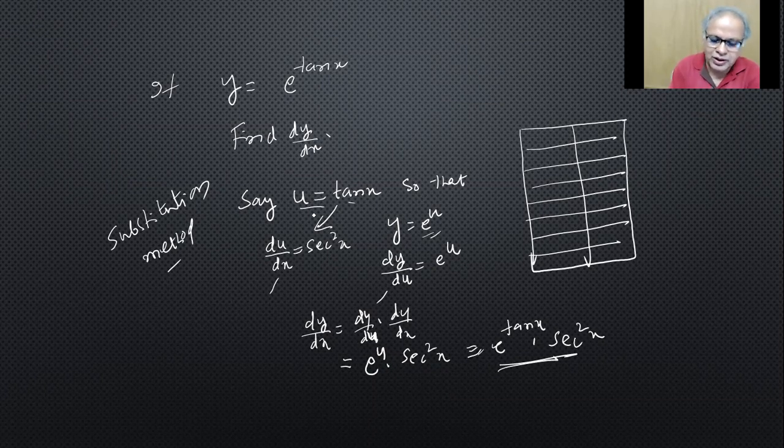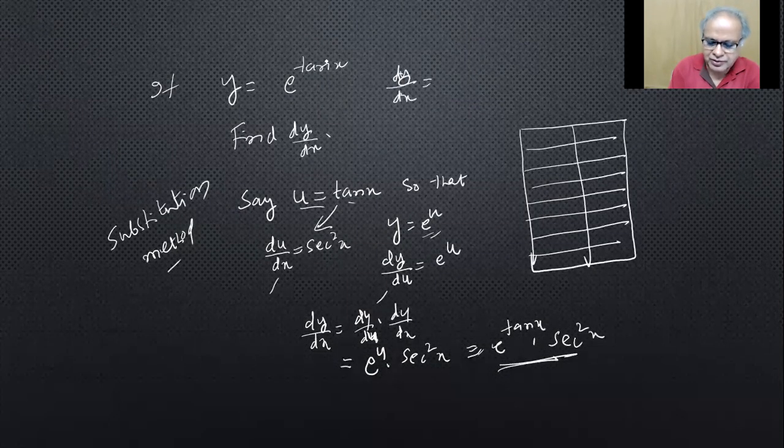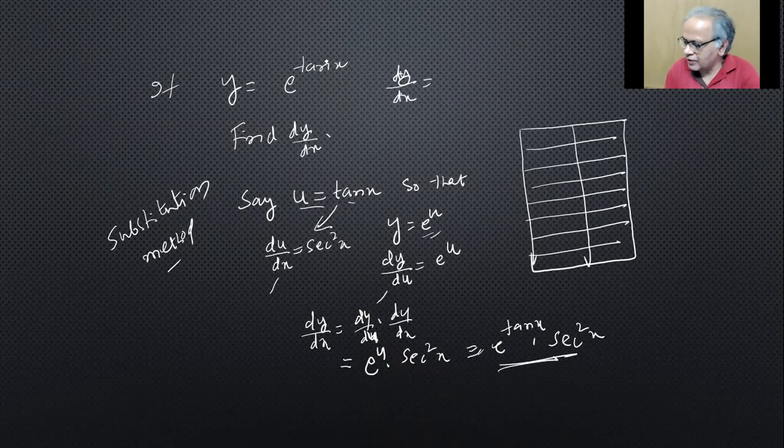Once you understood this, look, I'll tell you how to write it in one go. First is the e power function. The derivative of e power x is e power x. But in the place of x here, I had tan x. So I'll write e power tan x into d of tan x by dx. First this is the e function, then the tan function.